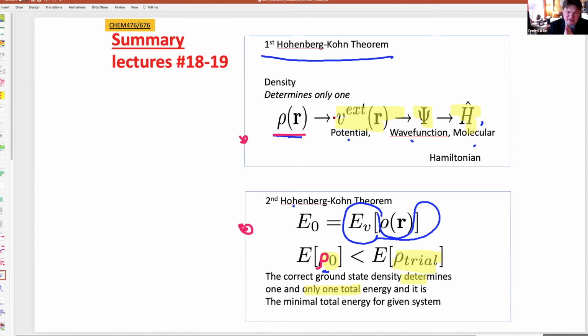Density defines everything, including external potential. So there is no doubt that density determines kinetic energy and electron-electron interaction. But it is most surprising that it also determines external potential.